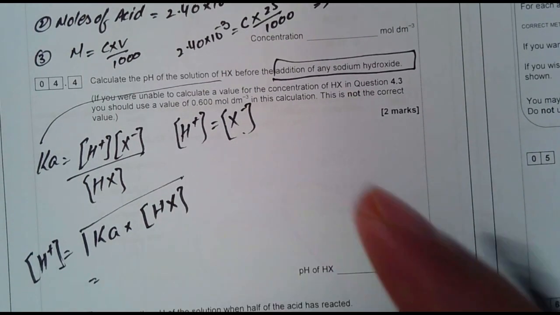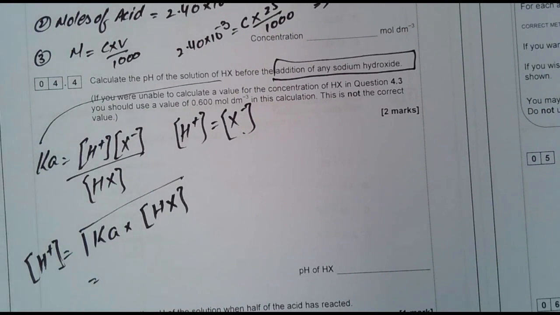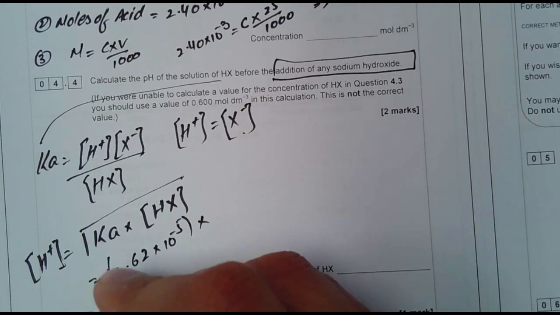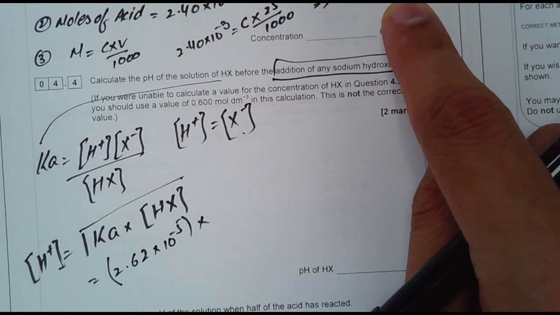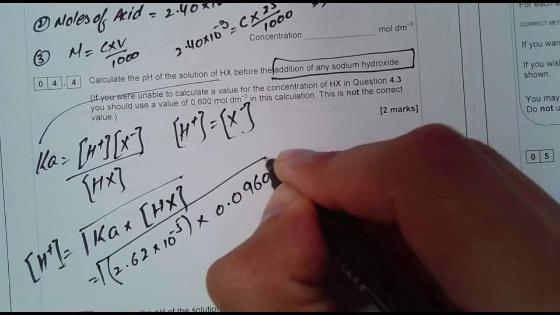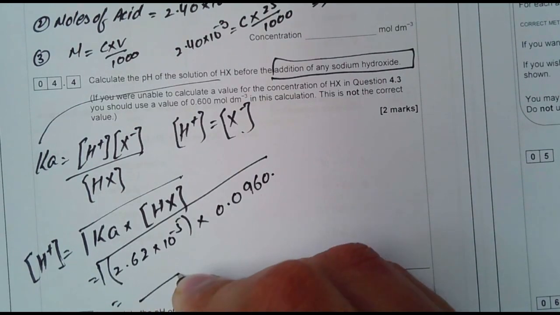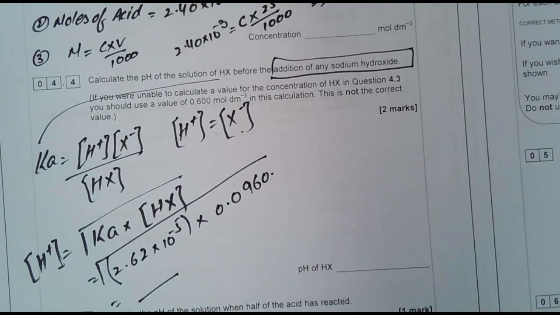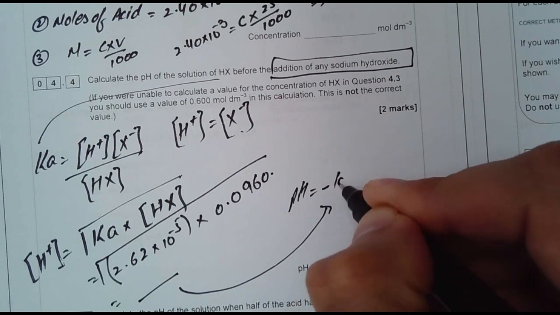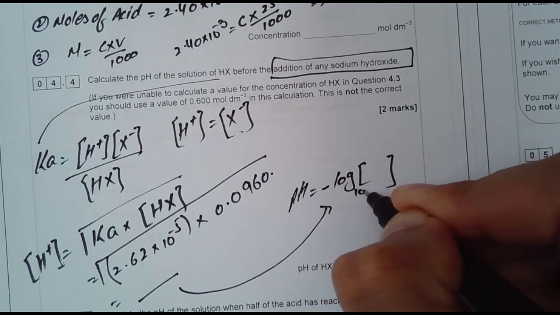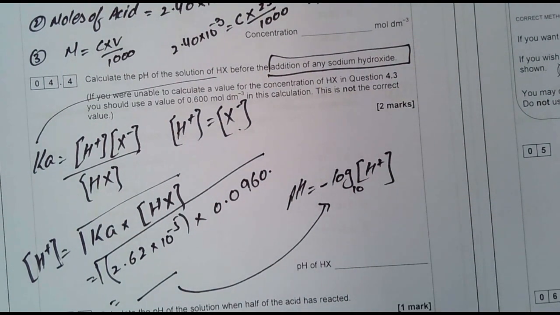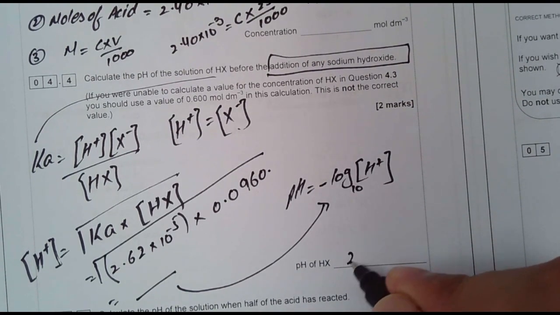We know the value of Ka given to us in the question is 2.62 times 10 to the power of minus 5, times the concentration worked out in the previous question, which is 0.0960. You take the square root of this and it will give you the concentration of H plus. Once I know the concentration, I'll have to plug this value in. pH equals minus log 10 of H plus. Does that make sense? And it will give you the value of pH, which in this case is 2.80.